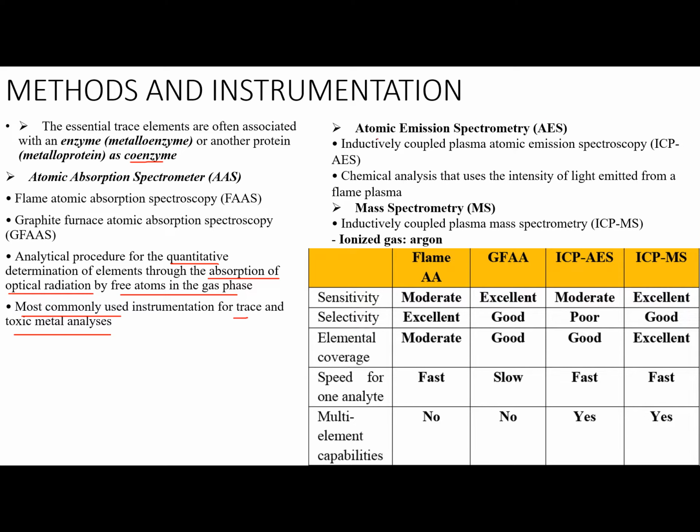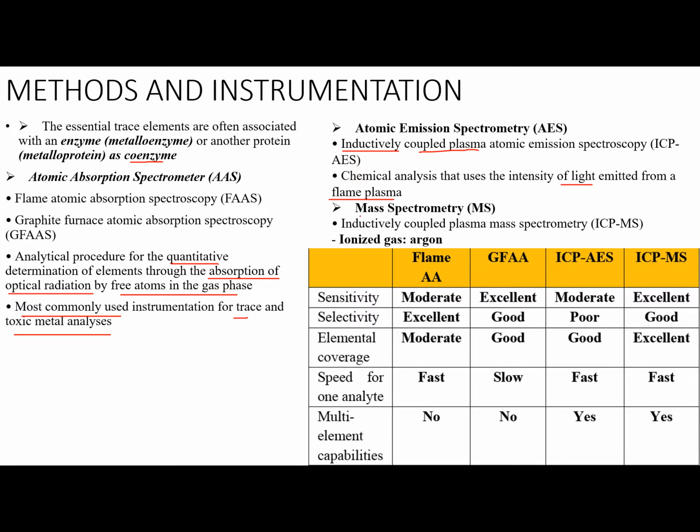Then another method, class, is your atomic emission spectrometry, or the AES. Now, under AES, class, we have your ICP-AES. ICP stands for inductively coupled plasma atomic emission spectroscopy. This is a chemical analysis that uses the intensity of light emitted from a flame plasma.